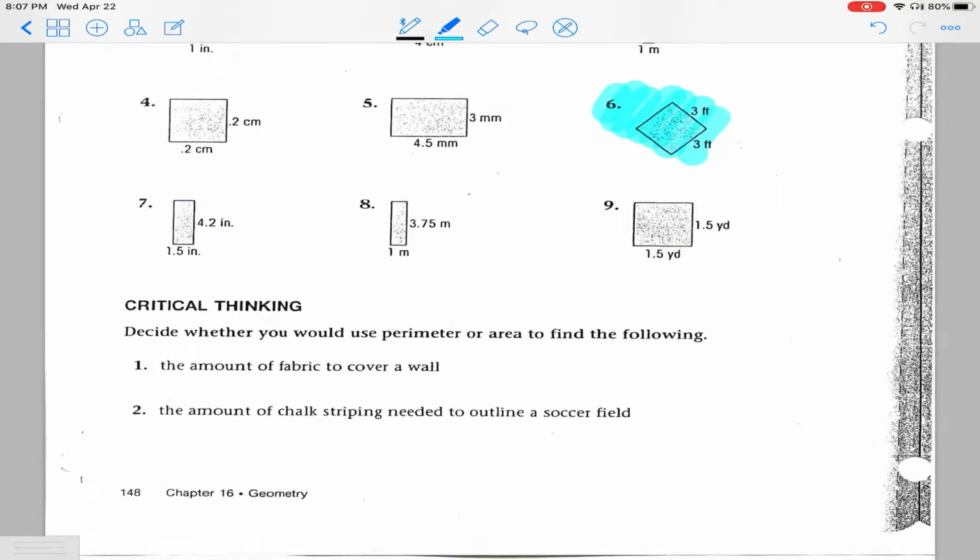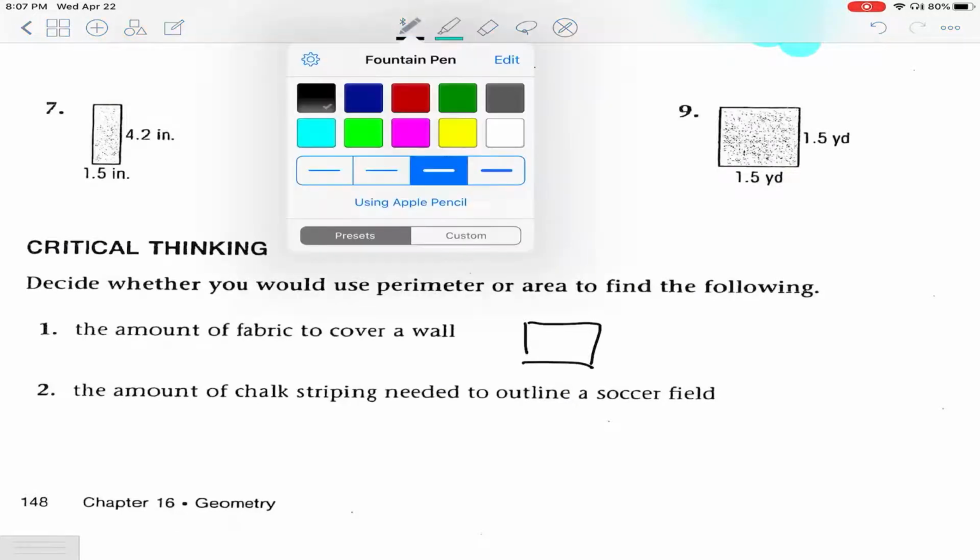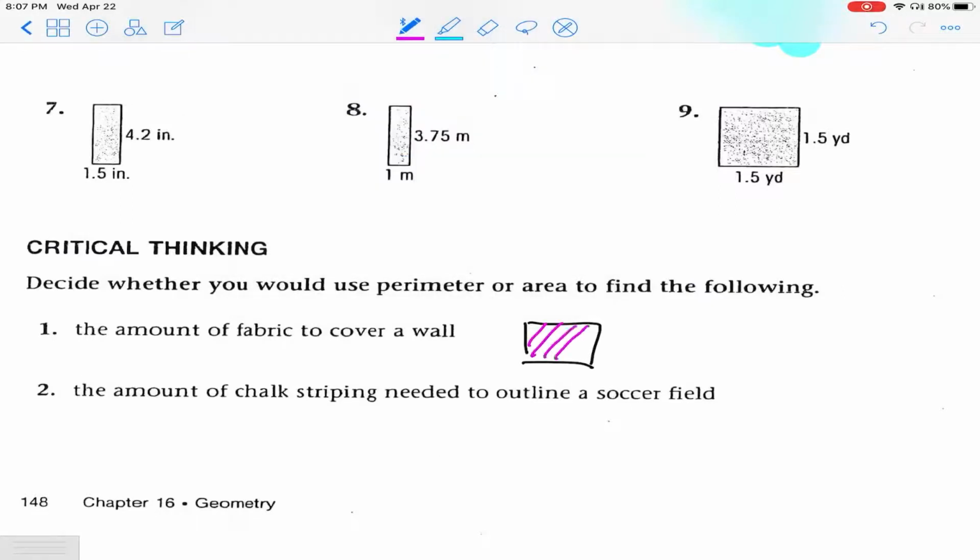And then the critical thinking. Number one says the amount of fabric to cover a wall. If this is the wall, in order for you to cover it, it needs to cover the inside. So think about whether this represents the area or the perimeter. Number two says the amount of chalk striping needed to outline a soccer field.